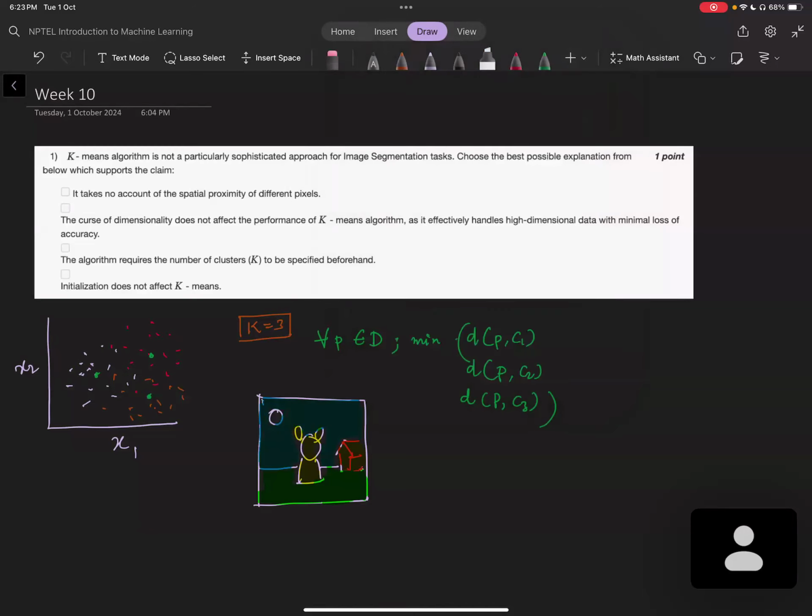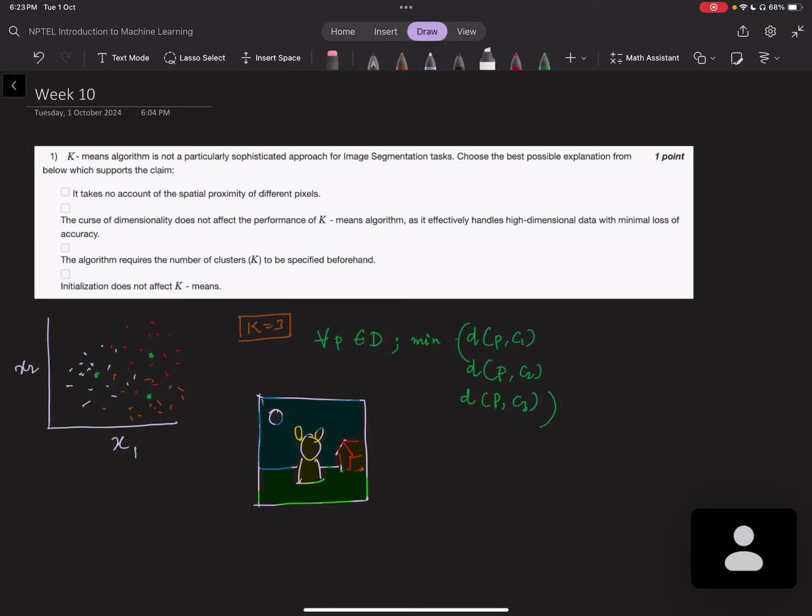So the image segmentation task is that, given an image, we have to find different patches or segments in the image that are different from each other. You can consider this as a clustering algorithm, where we are clustering the points that belong to the same object. In the image, we are trying to find the pixels that represent the same object.